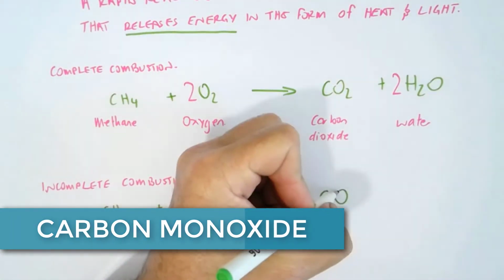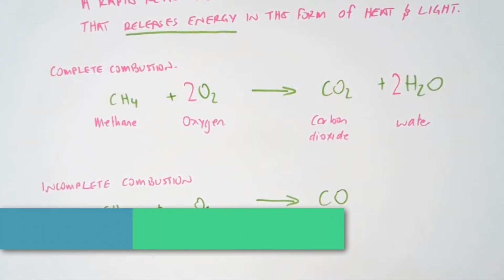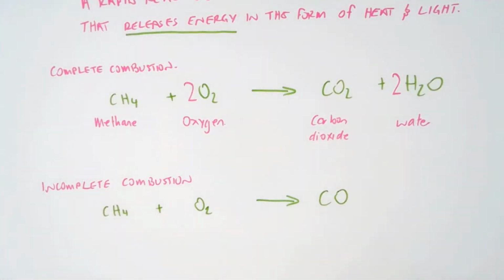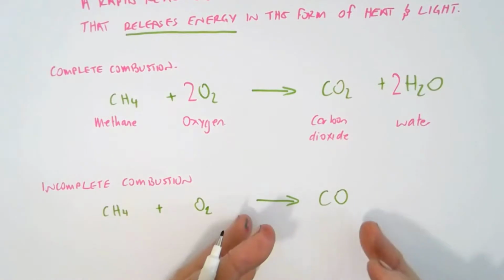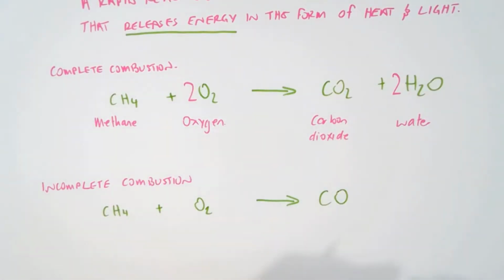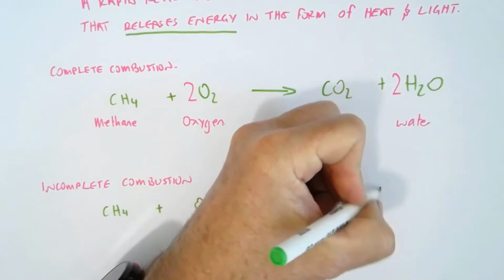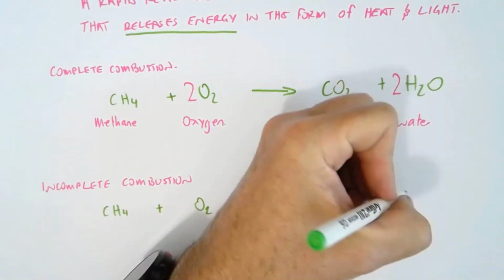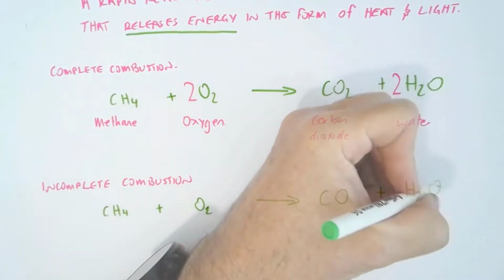Carbon monoxide is a very dangerous gas because when it's breathed in, it binds to the hemoglobin in the blood and stops oxygen from being able to bind. So somebody who's exposed to carbon monoxide and is poisoned gets very sick and can often die because the body can't transport oxygen to the cells. So carbon monoxide is produced, and also water.